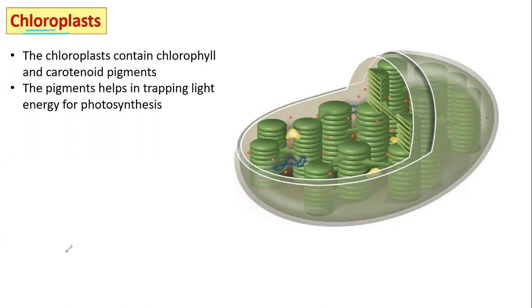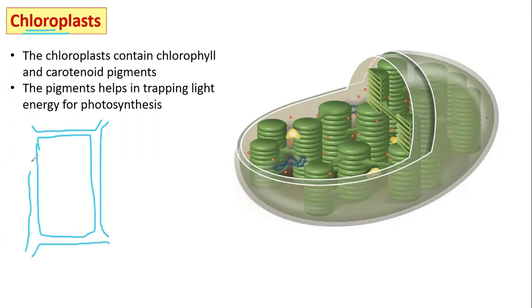As you all know, a peculiar feature of the plant cell is to have a cell wall, along with another peculiar feature that only the plant cell possesses, the presence of plastid.